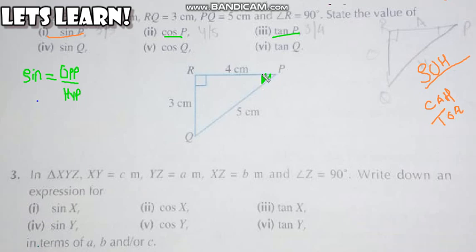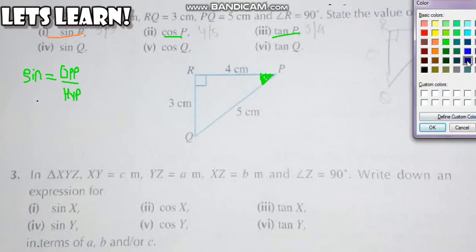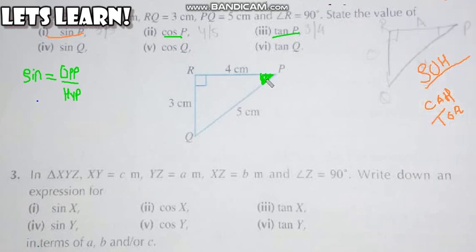So here if I choose this angle P, then my opposite side will be the side just in front of it. मेरी opposite side वो side होगी जो बिल्कुल इस angle के सामने होगी. So this is my opposite side. Adjacent side मेरी वो side है जो बिल्कुल इस angle के साथ है, just hand in hand with this angle.